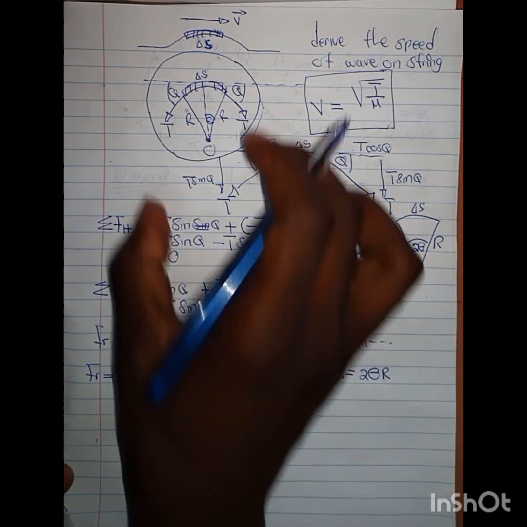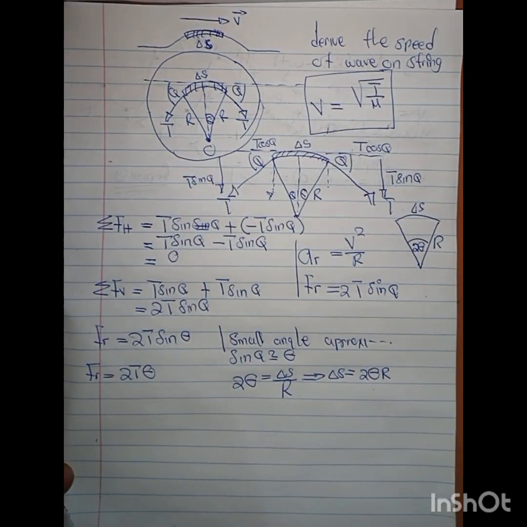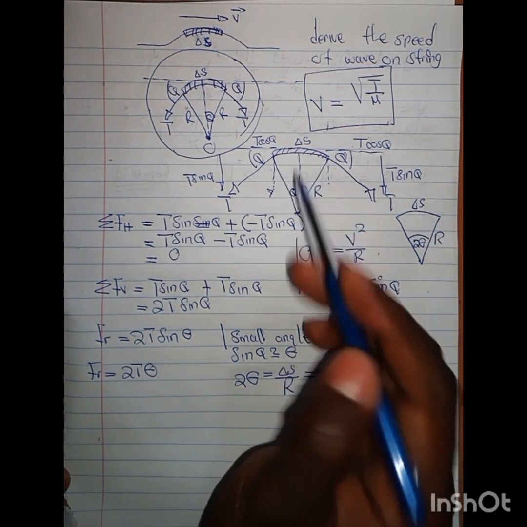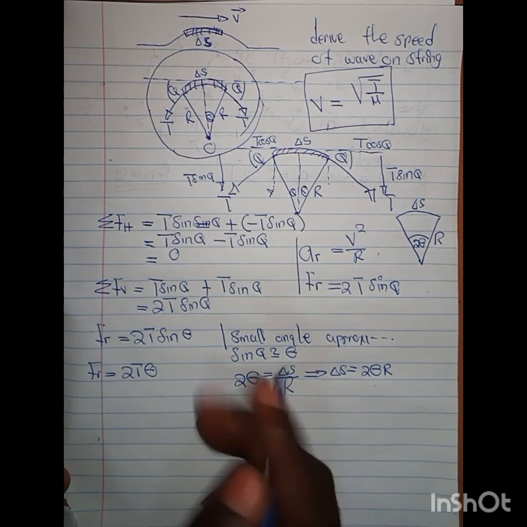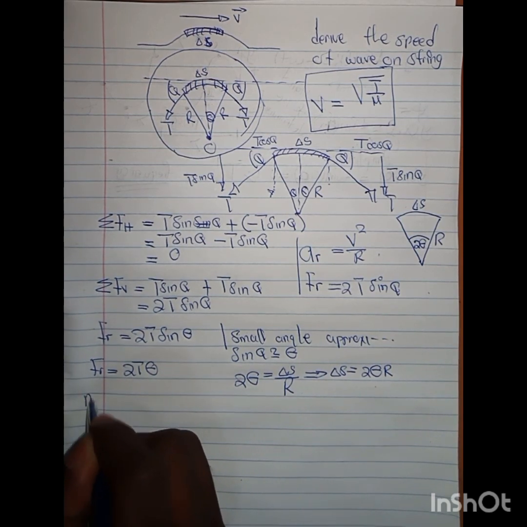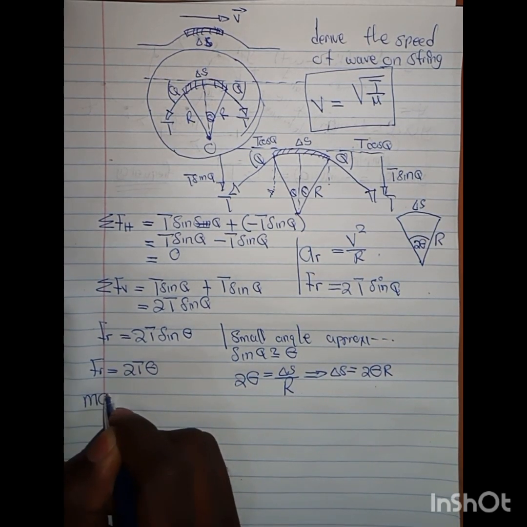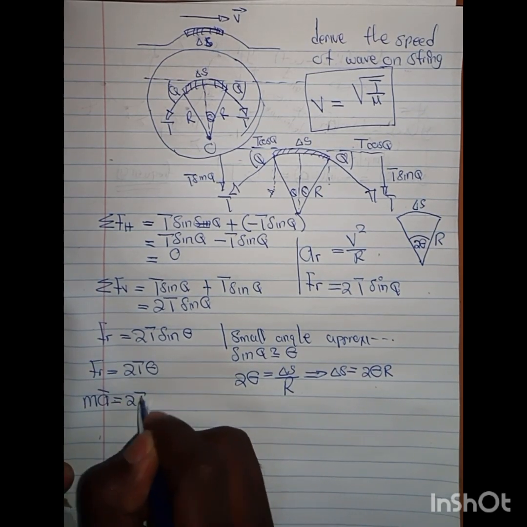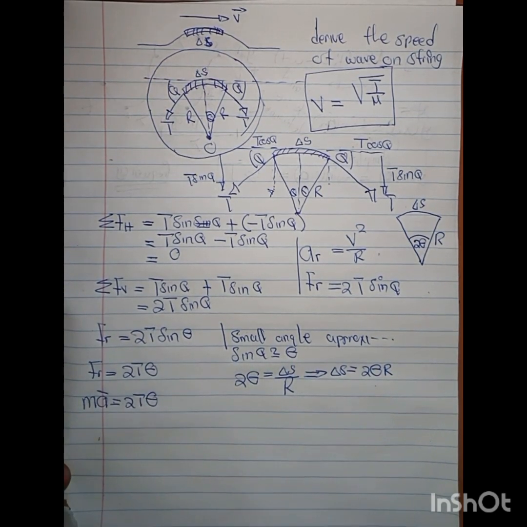So this object is modeled under net force, and since it's modeled under net force, we also have to apply Newton's second law, because we have the force. From Newton's second law, force is given by mass multiplied by acceleration, which is equal to 2T theta.